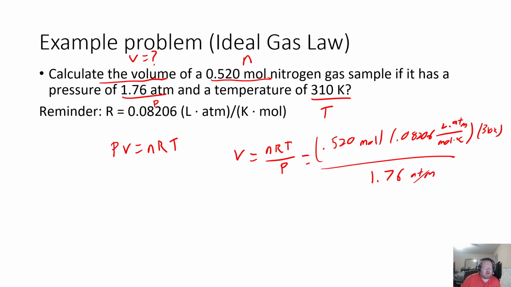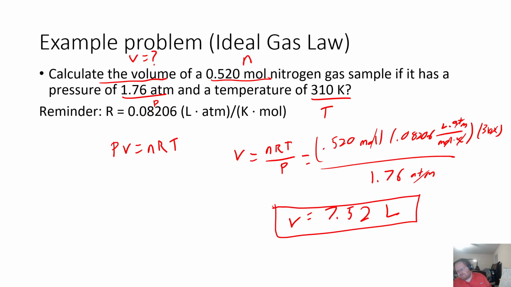If we check our units, our atmospheres, our moles, and our Kelvin will cancel. Then I just have to plug a bunch of numbers in, and from that I get that the volume would be 7.52 liters. So that would be the volume of my gas if I had those exact properties.